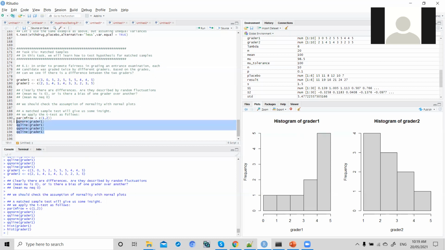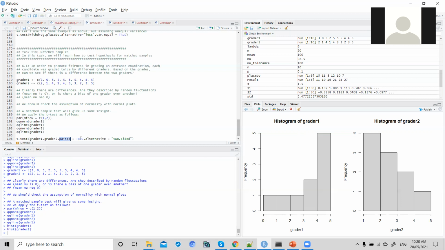Here we can see the normality has not been met, but we assume that in case normality has been met, then how would we compute it? We use t.test of grade one, comma, grade two, and we use paired equals TRUE, and alternative equals two.sided.